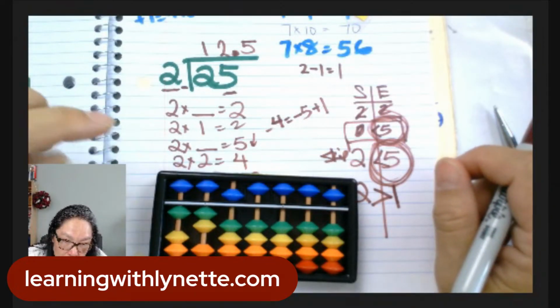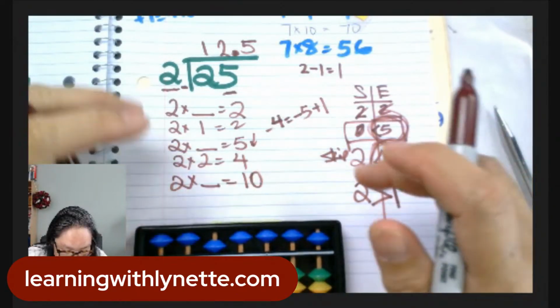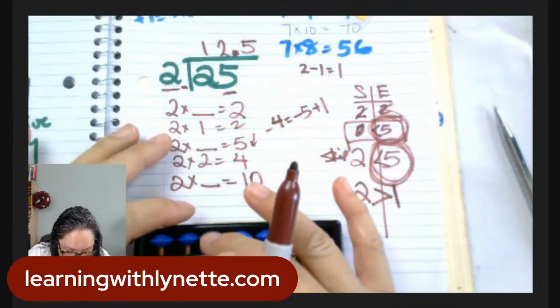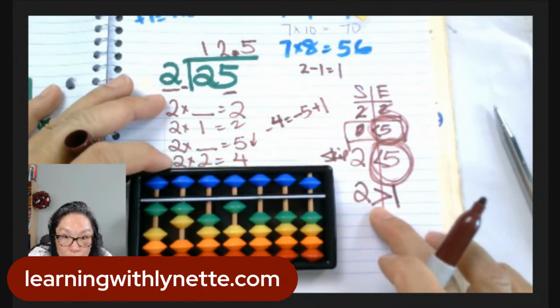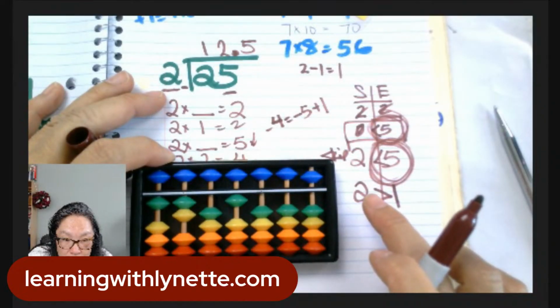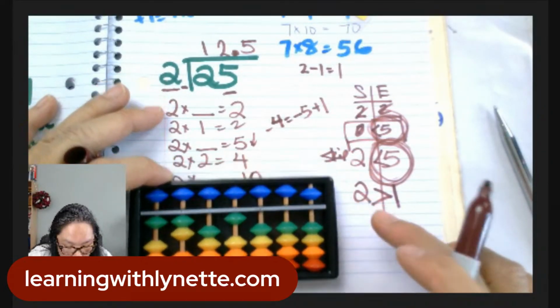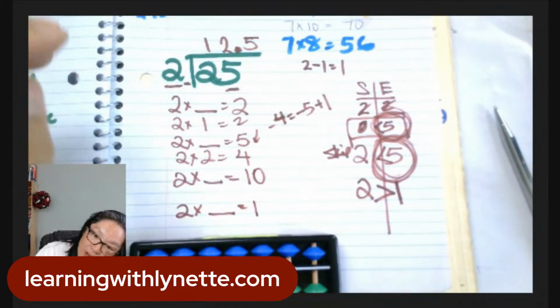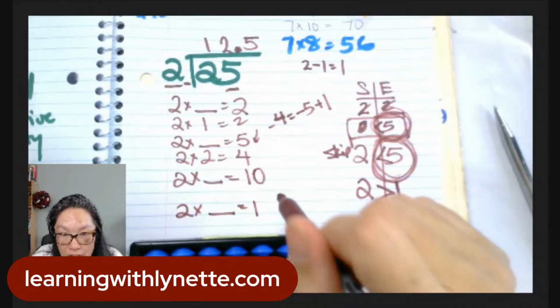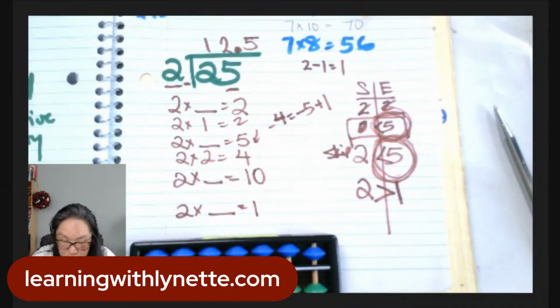Can you do that again on the 12? Okay. So my dividend, my divisor, why not 1? Because 2 times what cannot equal 1. My multiplication table doesn't tell me 2 times something is equal to 1.